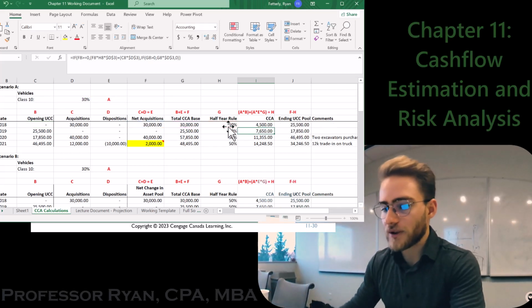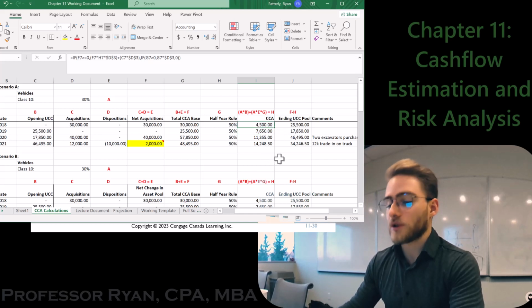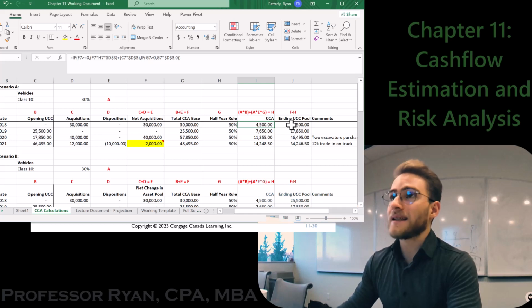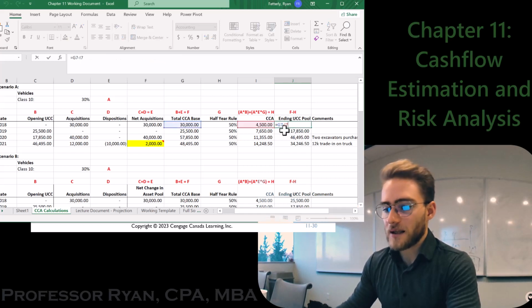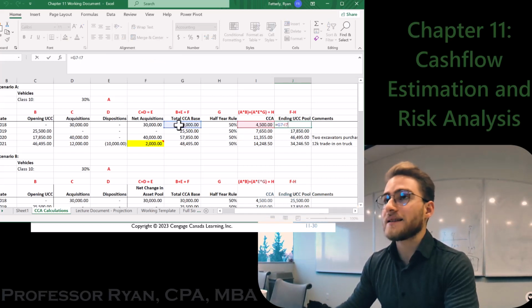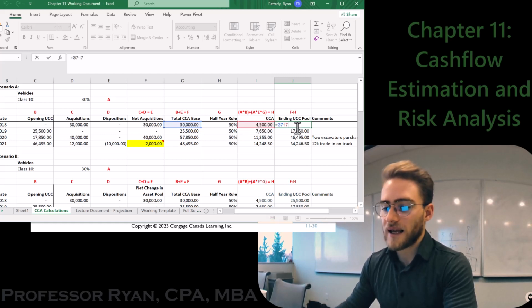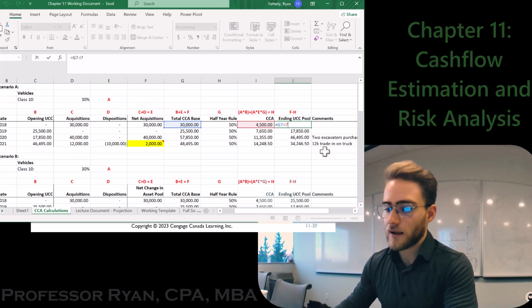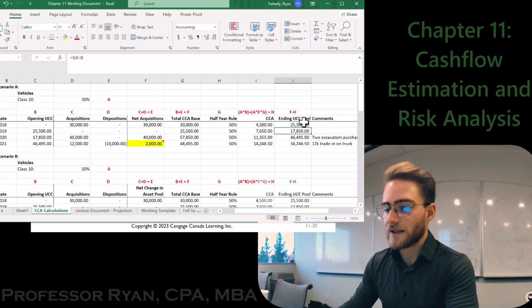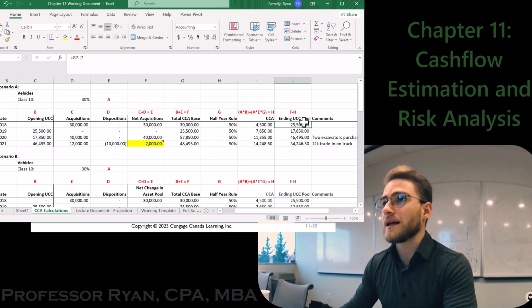And when we do this, we get $4,500, and this is my CCA in my first year. So my ending undepreciated capital cost would be this total CCA base, subtract the $4,500 in CCA that I've deducted this year, and now I have $25,500 left at the end of 2018.